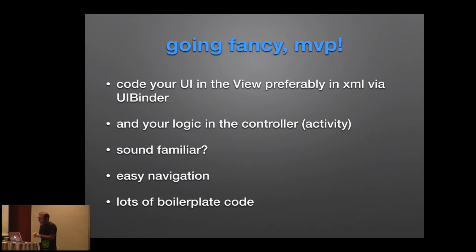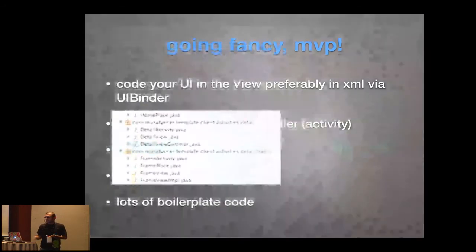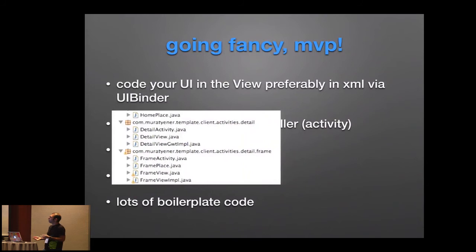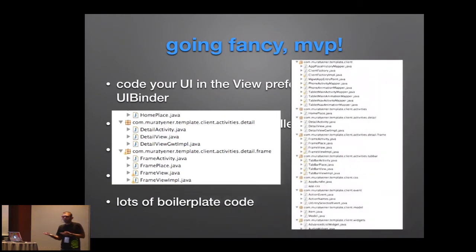The problem is, when using MVP, I'm expecting to see something like this: this is my view and this is my controller. So I write my view here and my activity, which is pretty similar to native Android development. But I end up with this because MVP comes with a lot of boilerplate code.